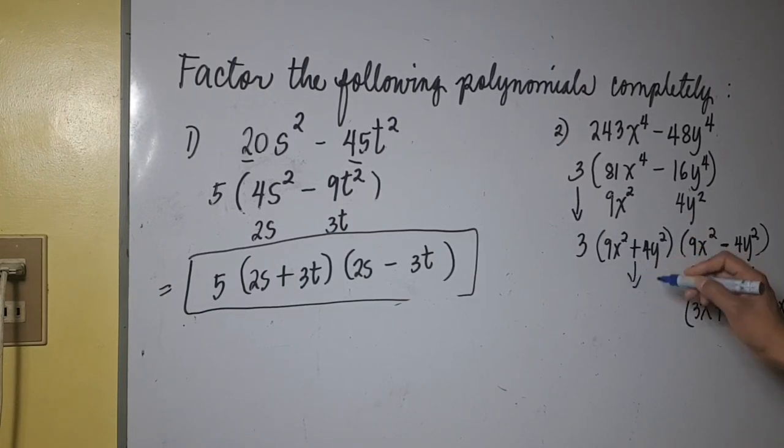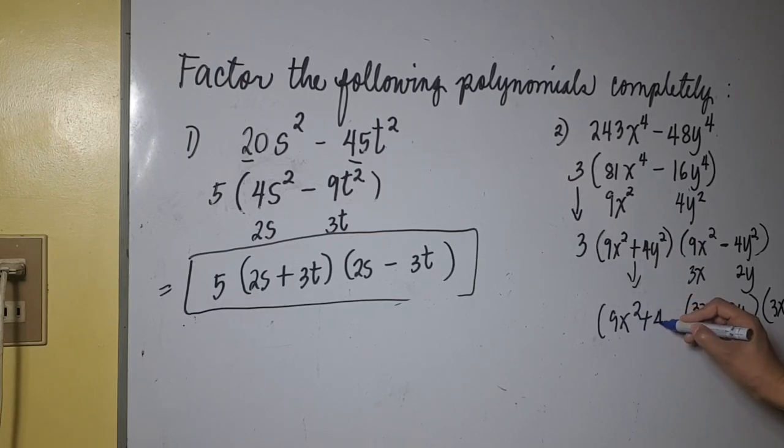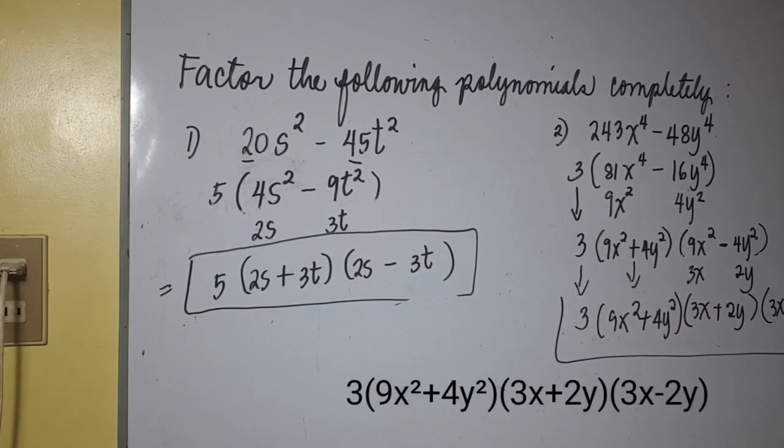And bring down the other factor, 9x squared plus 4y squared. Then the other factor is 3. So these are the complete factors of 243x to the 4th minus 48y to the 4th.